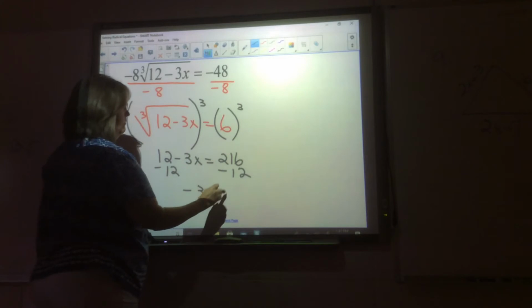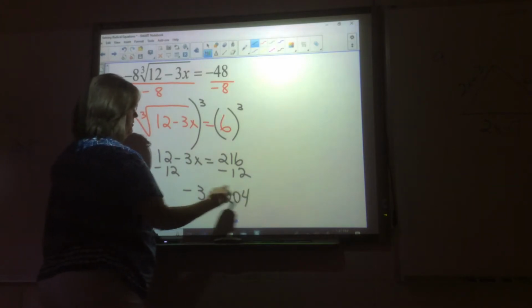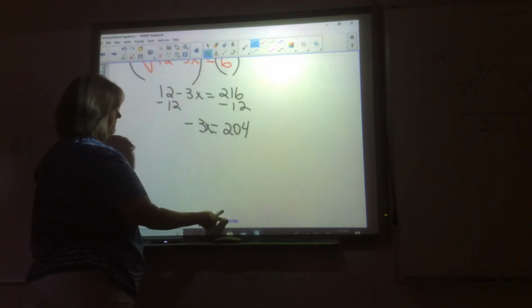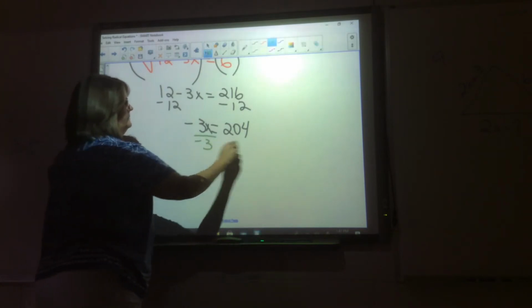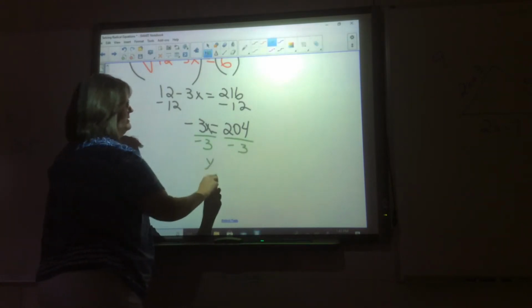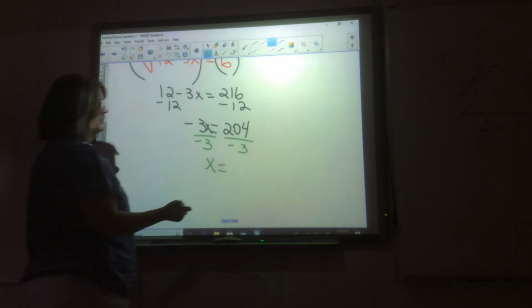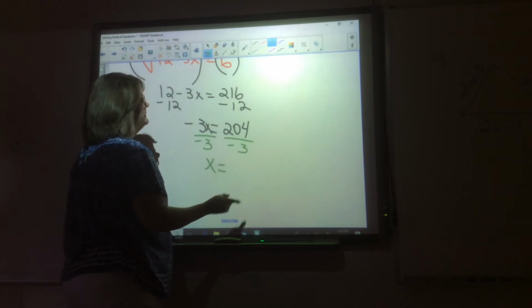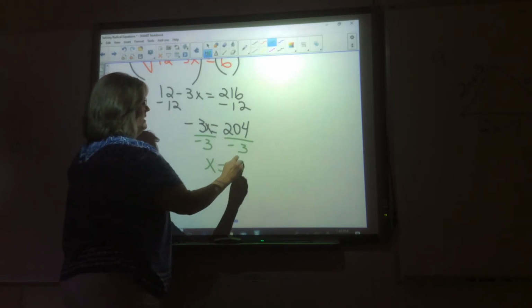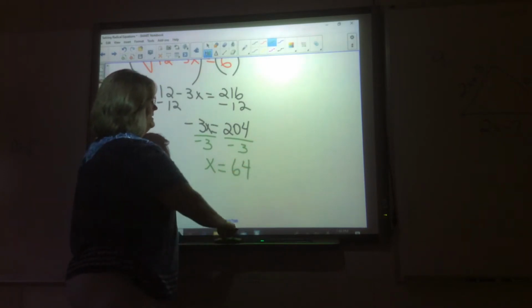Negative 3x equals 204. Divide by negative 3, and x is equal to negative 68.